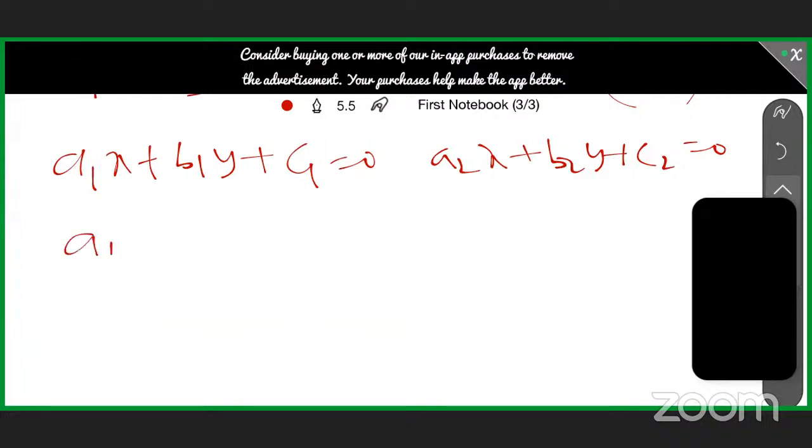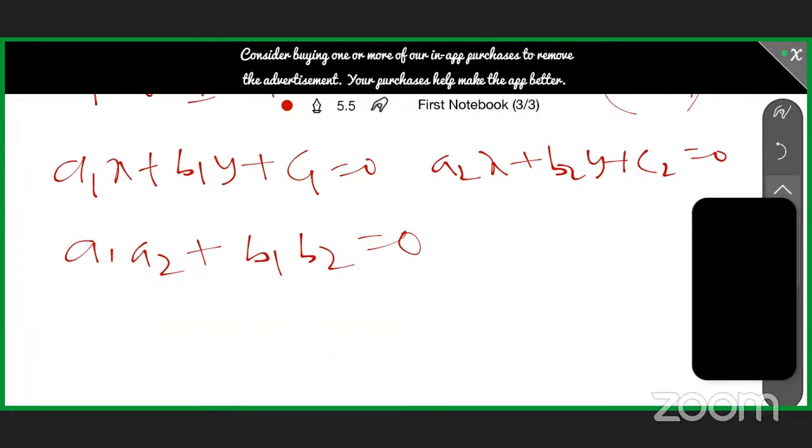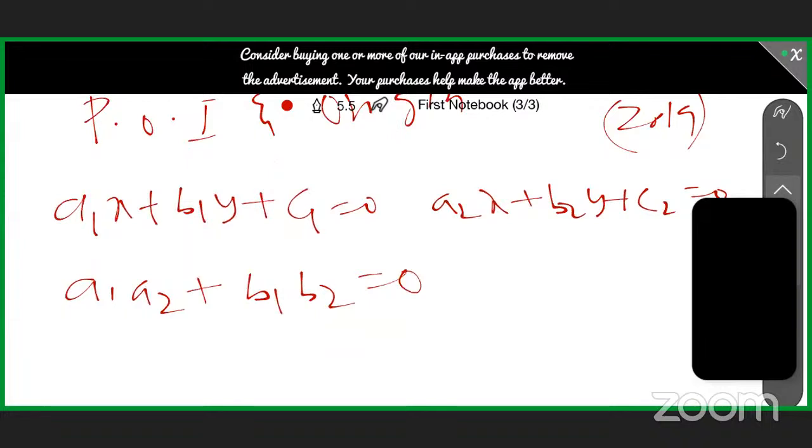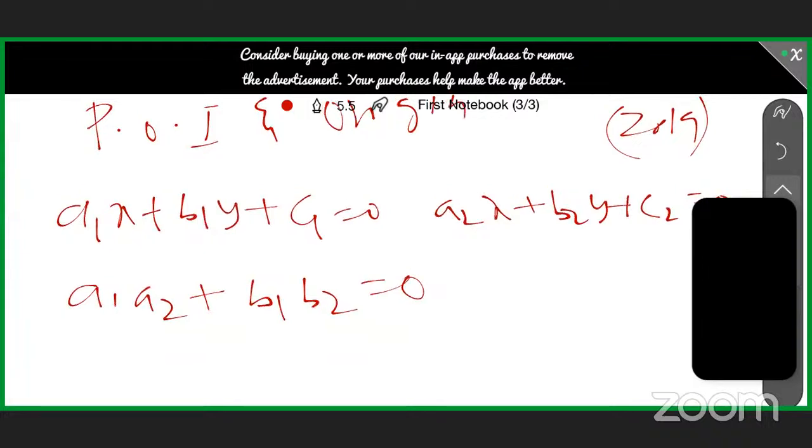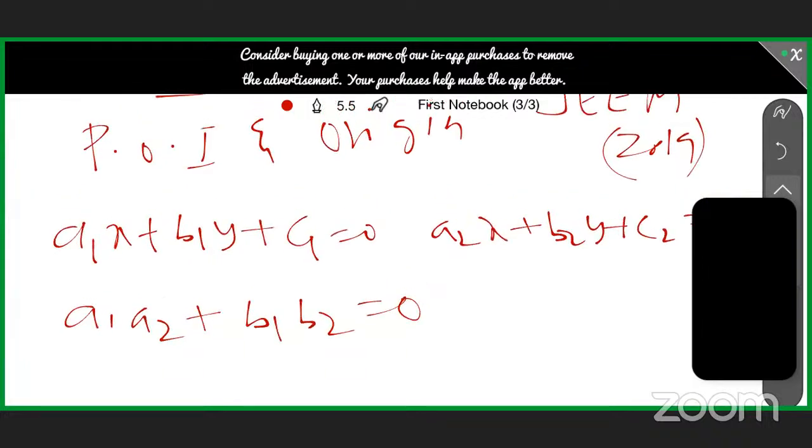When a1 a2 plus b1 b2 is equal to 0. So from this, the first equation is x plus (a minus 1)y is equal to 1.